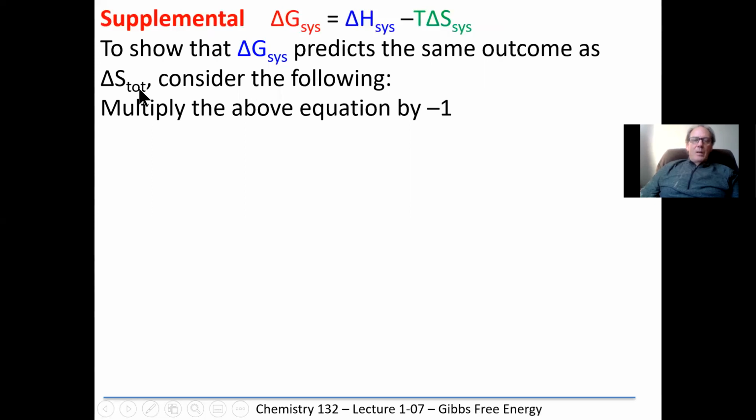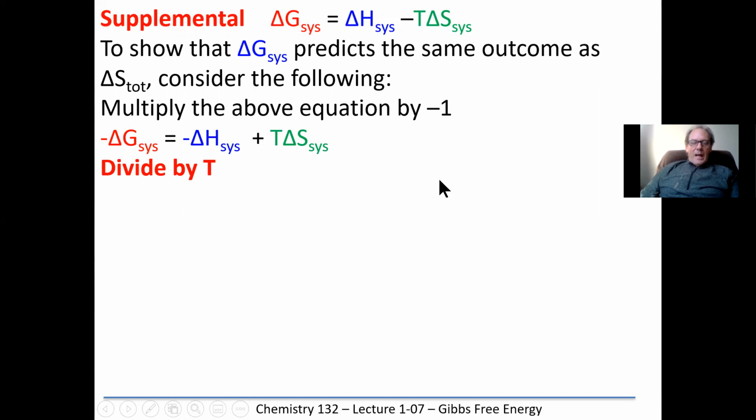I'm going to show you how the delta S of the universe is related to the delta G of the system. So we're going to multiply each of these by -1. There's the resulting equation. Minus, minus, plus, you can see. Now we're going to divide everything by temperature, by capital T. And of course, when we divide T delta S by T, the T is gone.